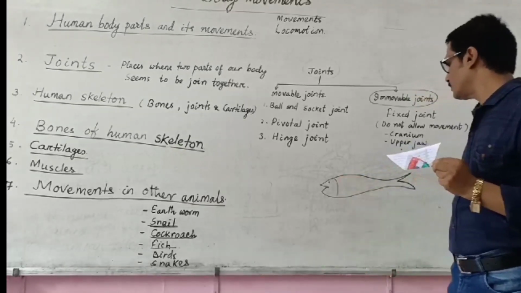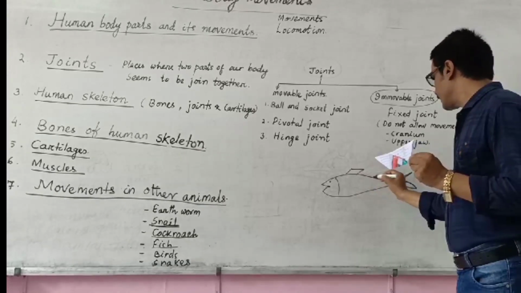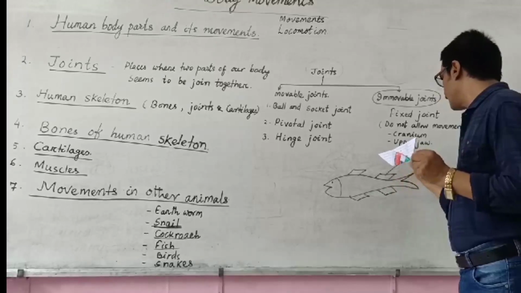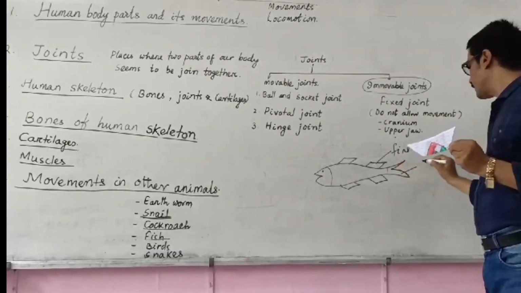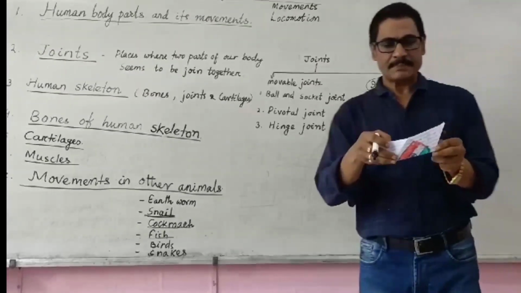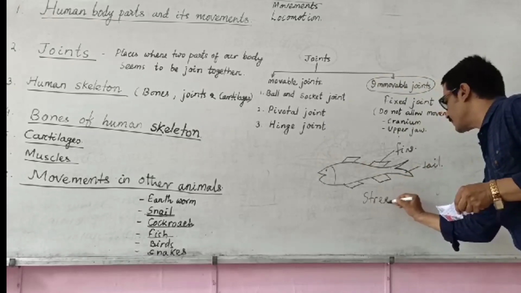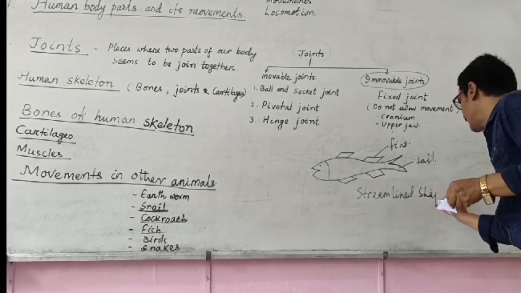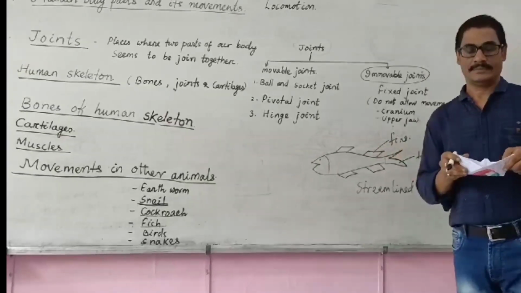It also has fins and a tail. This particular shape, called streamlined shape, helps the fish to swim in water.